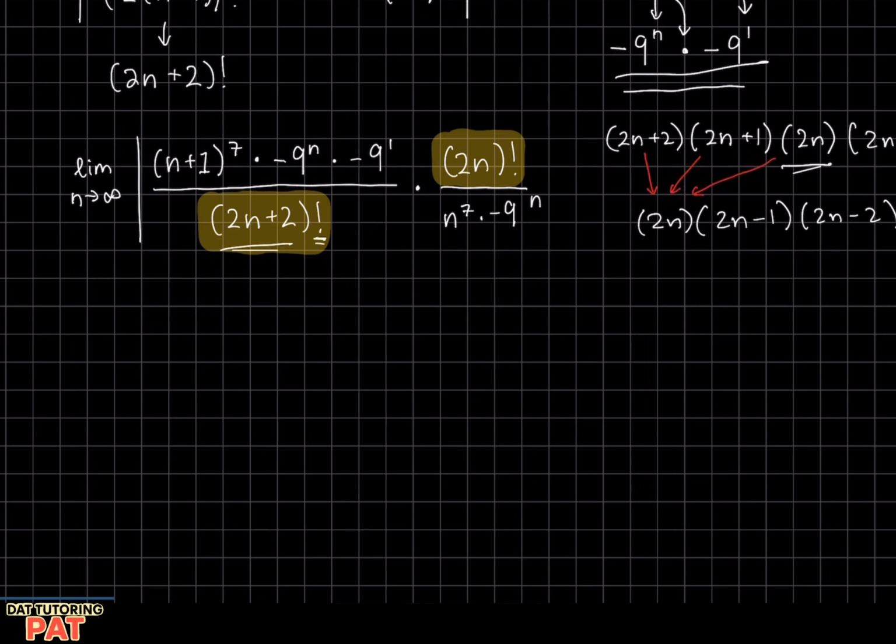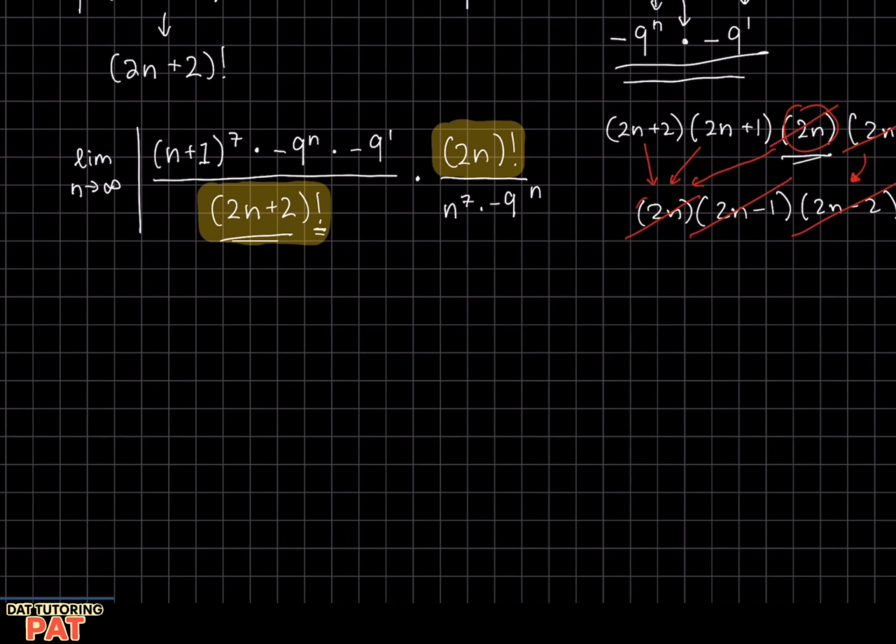But if you see this, our 2n's cancel out. And then our 2n minus 1 also cancels out. And this keeps going, and they keep getting canceled out. So what does that leave us? If we're canceling out these terms from here all the way down, we're kind of just left with this.